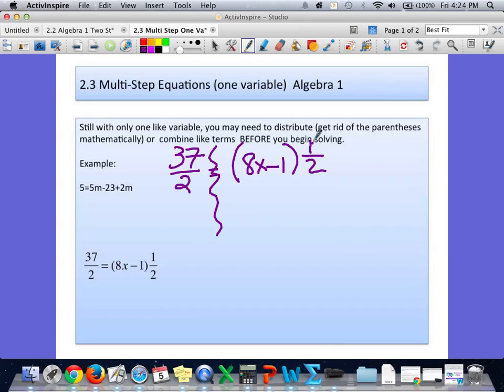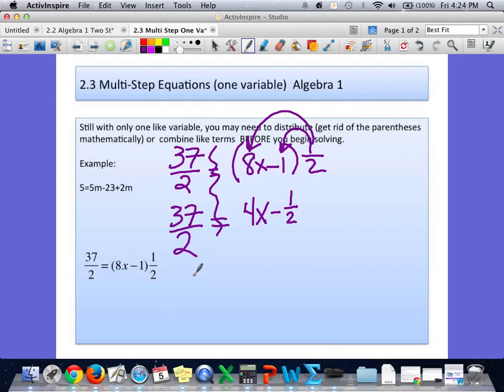Now when you're taking half of something, it's very easy. You just divide by 2. What's half of 8? That would be 4x. What is half of negative 1? Negative 1 half. So that's going to be everything over here cleaned up is equal to 37 divided by 2.